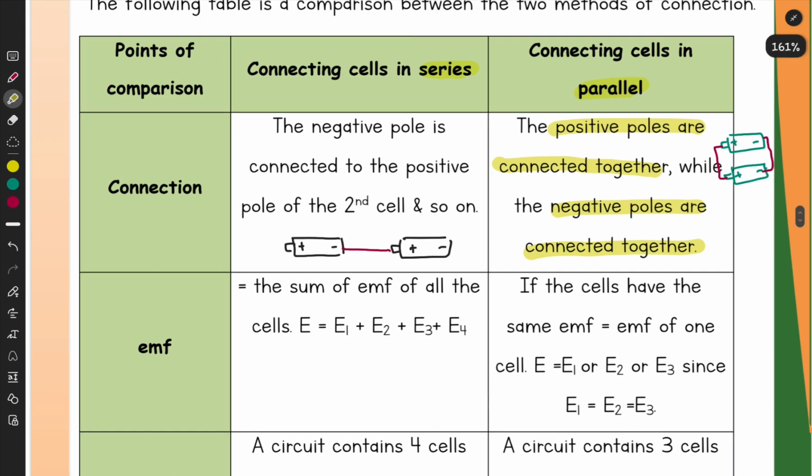Okay, so if we want to measure the electromotive force, or EMF, in the series, we just add the electromotive force of each cell in the circuit. And in the parallel, the electromotive force of one cell equals the electromotive force of the whole battery.